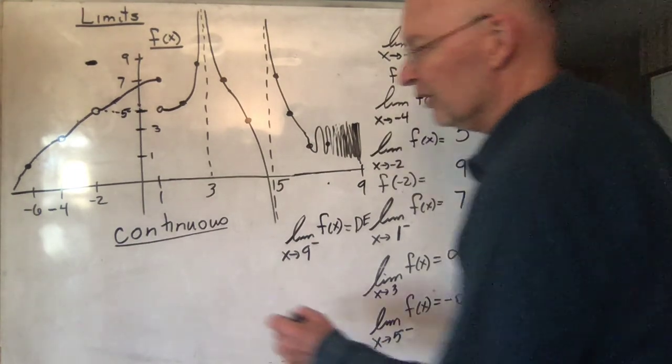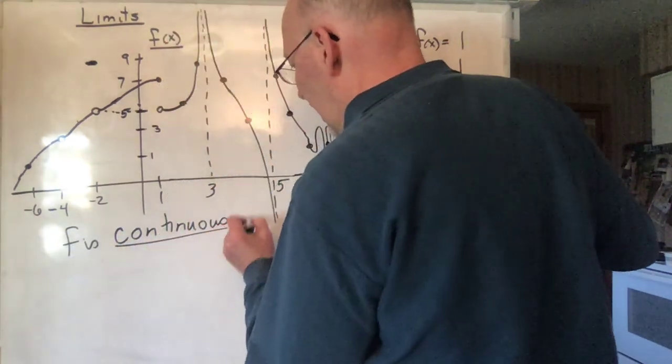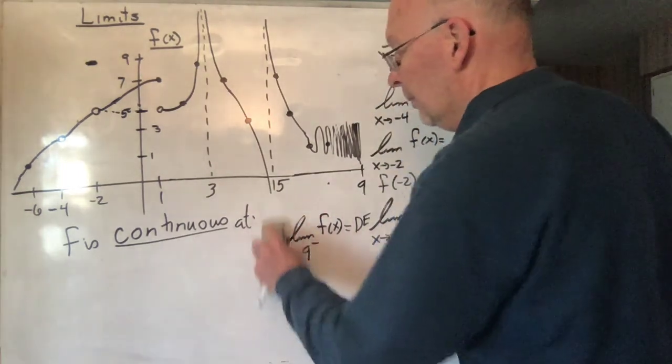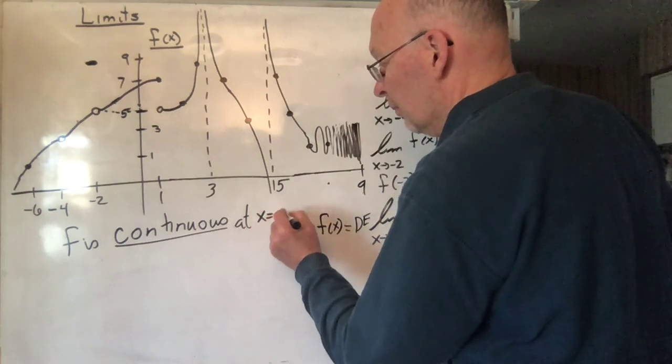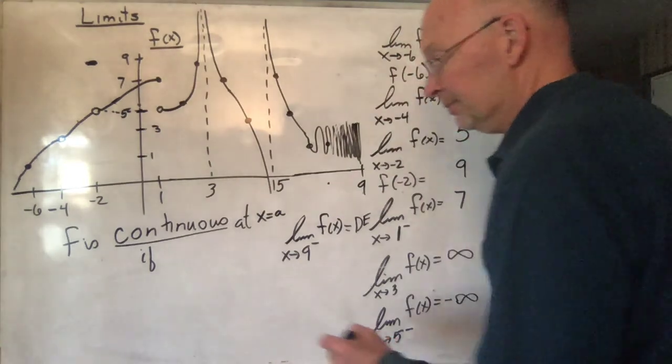The definition of continuous: f is continuous at x equals a if three things happen.